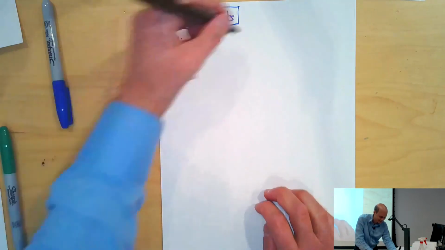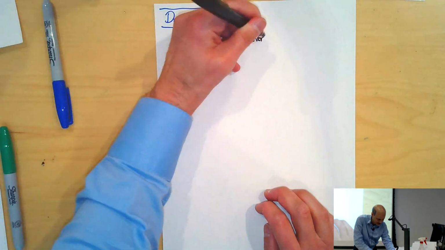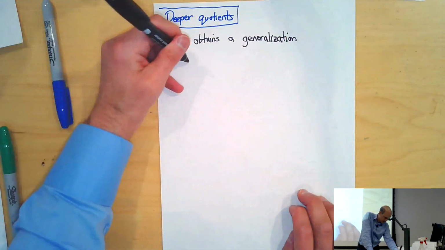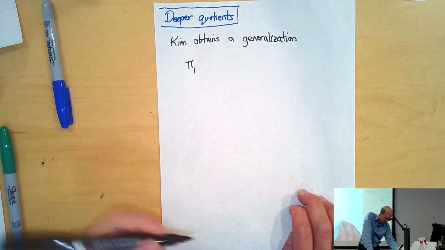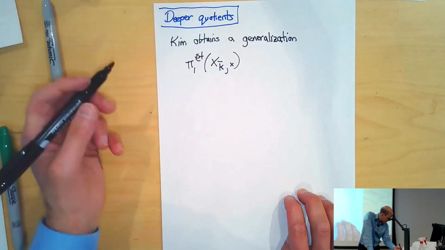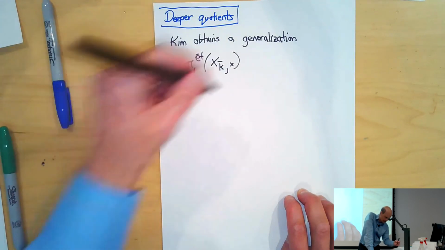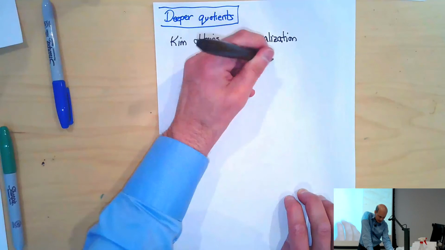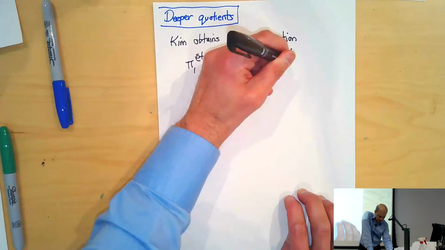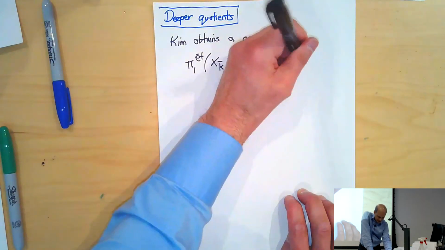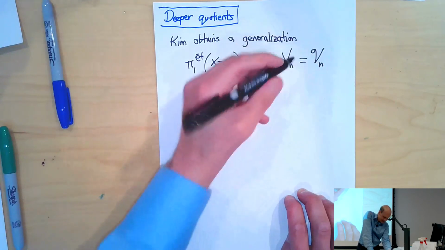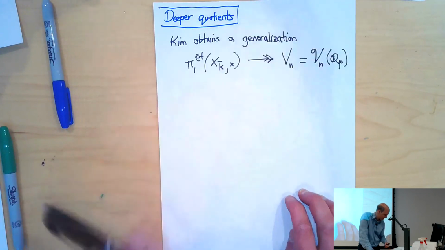So he obtains a generalization of this previous page, where you again use the étale fundamental group, but instead of taking the first quotient, you can go from here to some higher version of the V. This is a version of an even fancier V, called V sub n. It'll be the Q_p points of some other variety.